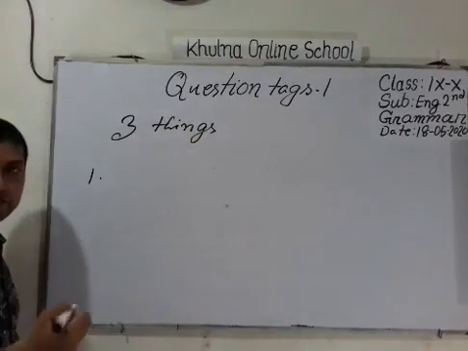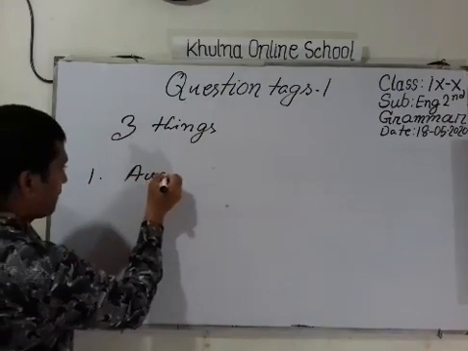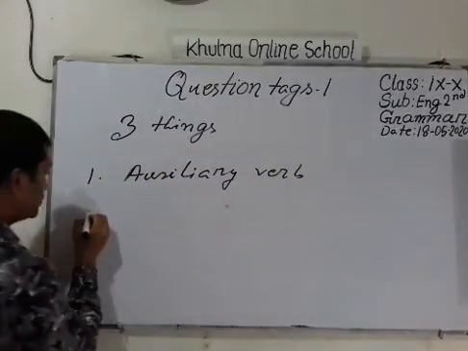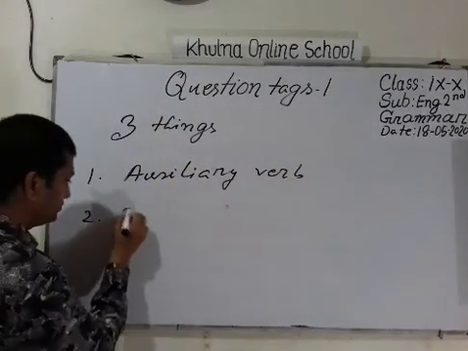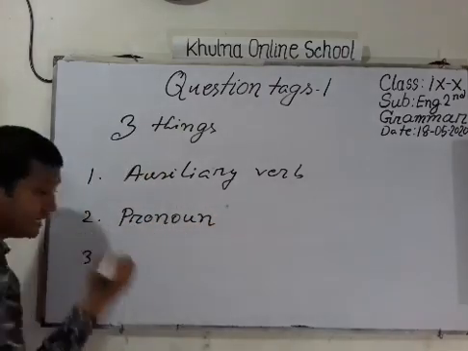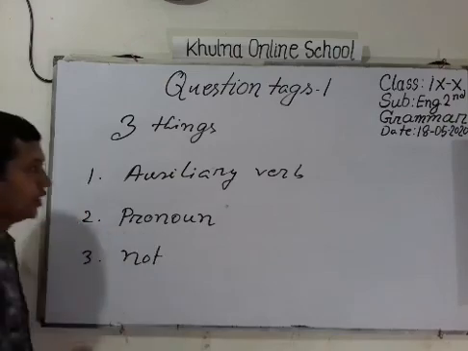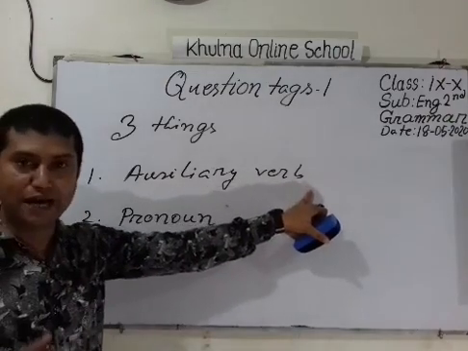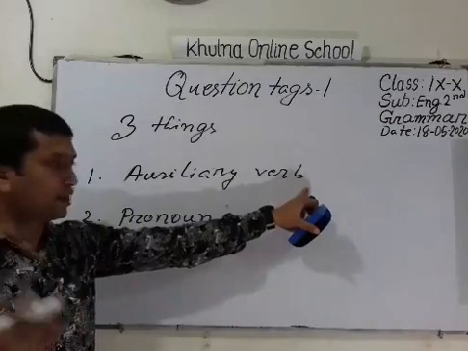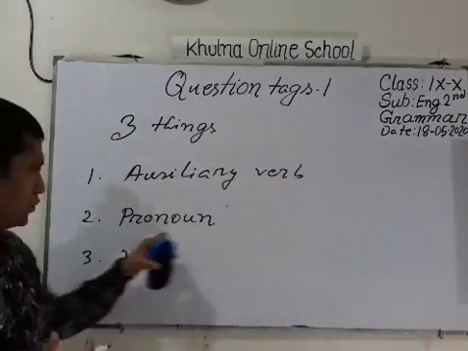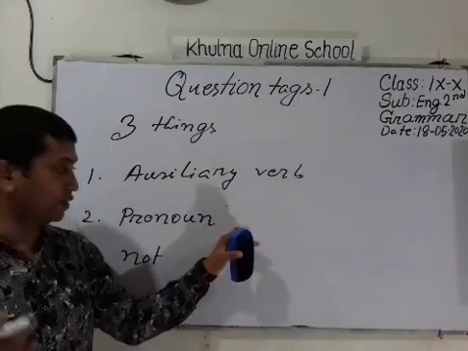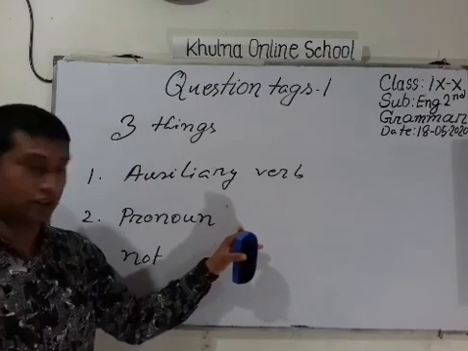Number one, you need first an auxiliary verb. Number two, you need a pronoun. And number three, you may need not. You know auxiliary verbs, be verbs: am, is, are. You can repeat after me. Am, is, are, was, were, okay. Pronoun, of course you will use a subject pronoun, never possessive, object, or any other pronoun.